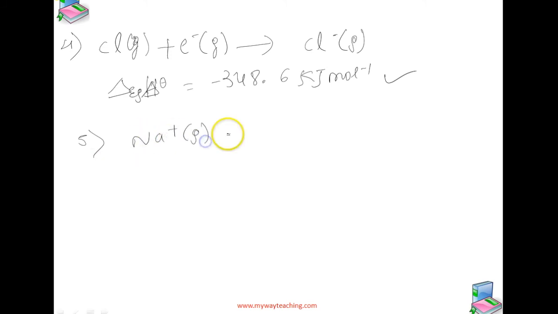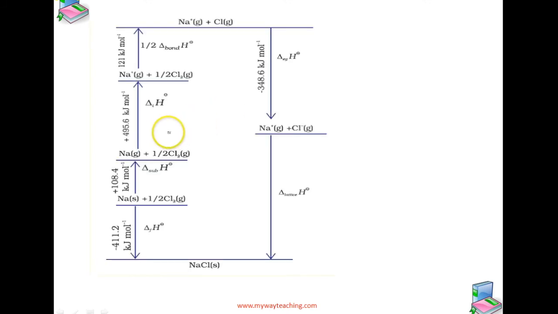The fifth step: Na plus gaseous and Cl minus gaseous give Na plus Cl minus solid. The sequence of steps is shown in the figure. This is called the Born-Haber cycle.